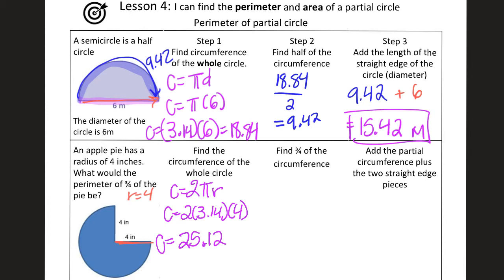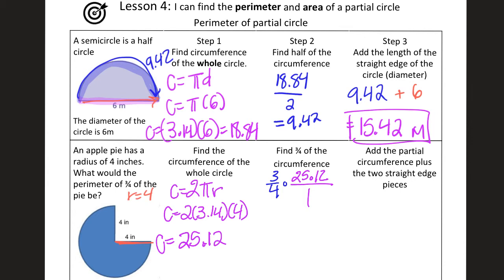Okay, then I'm going to find 3/4 of the circumference. So I'm going to take 3/4 times 25.12, make it a fraction over 1.